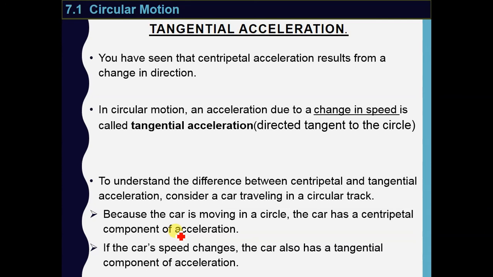Whenever the direction of an object changes, its velocity changes, so it has acceleration. This acceleration is called centripetal. As I showed you, girls, if you make it using vector addition, you will find that its direction is toward the center.